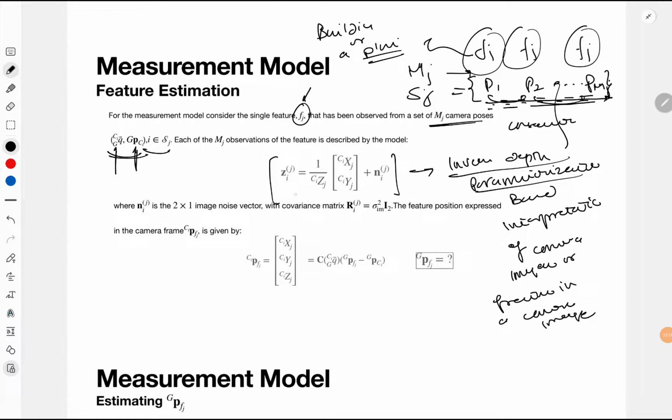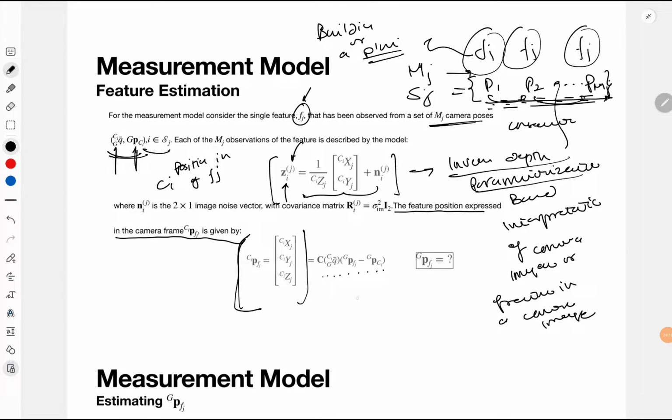Then the position of this feature j in a camera pose I is represented by this thing. So this is just the position in ci of fj, given in 3 dimensions by this, and it can also be written like this.